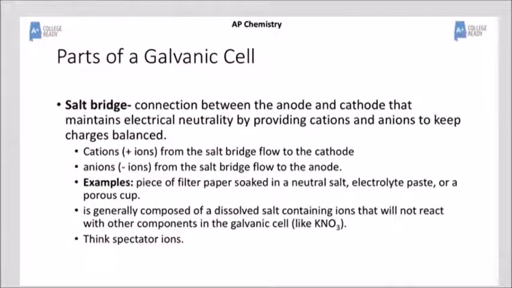And really what that means is as electrons are leaving the anode and traveling to the cathode, you have oxidation occurring in one half cell and the reduction occurring in the other. The ions that were previously dissolved in the solution change in ratio, and we'll get into this detail in just a minute.